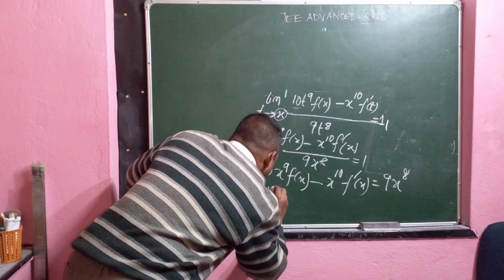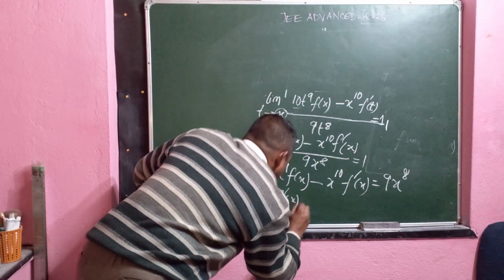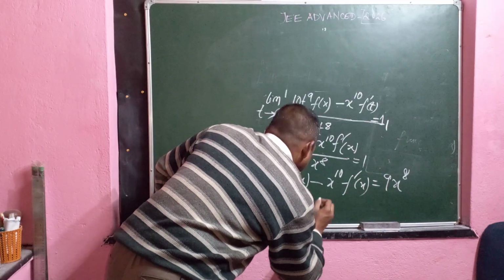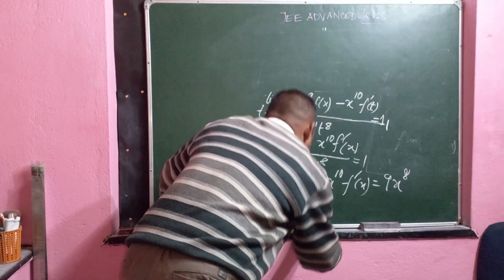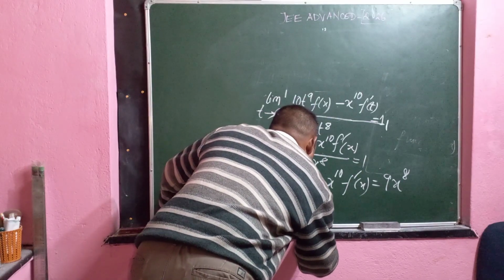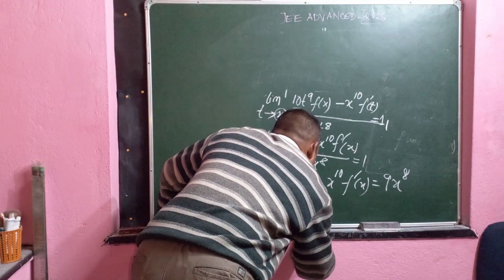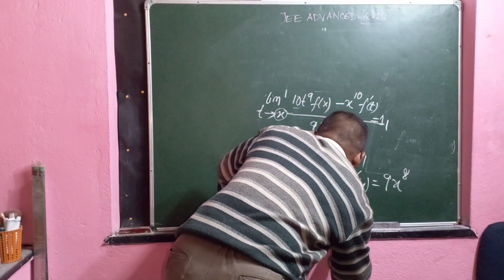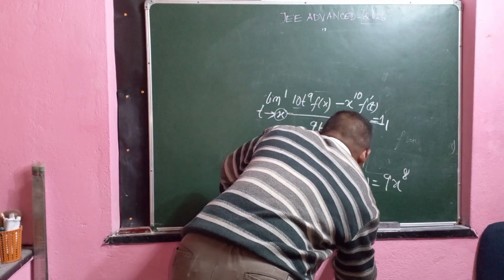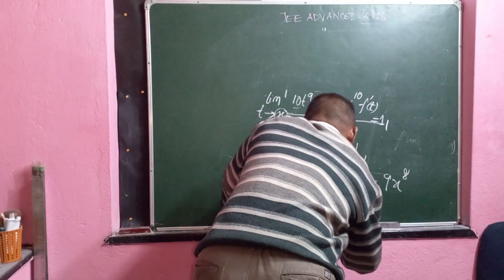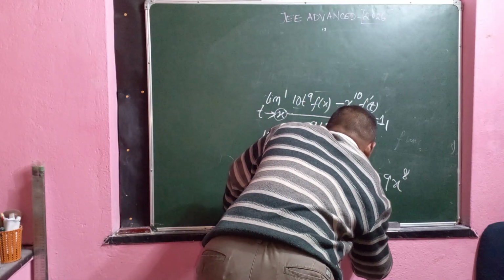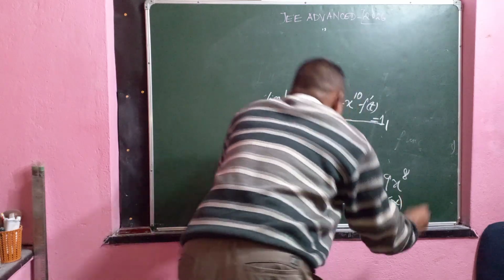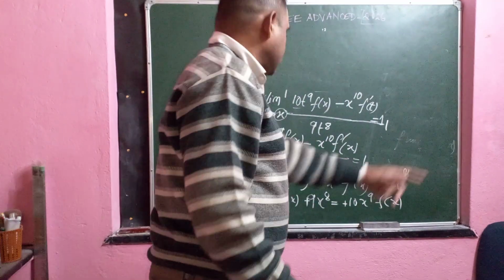So x to the power 10 f dash(x) minus 10 x to the power 9 f(x) equals minus 9 x to the power 8. Just changing these sides.